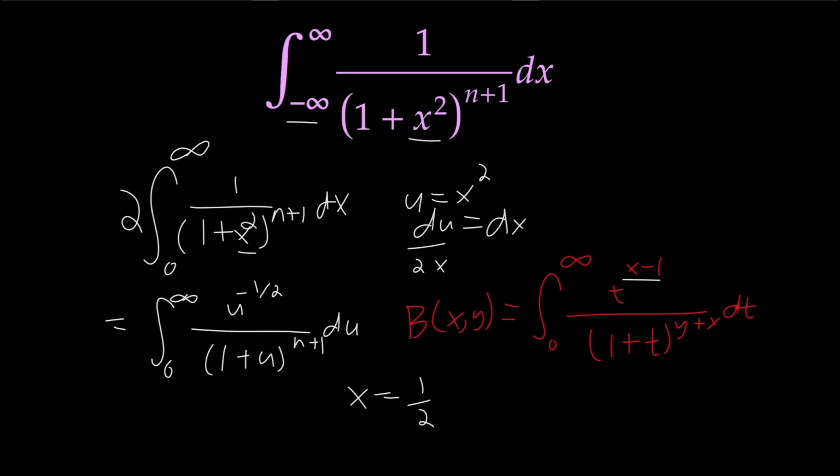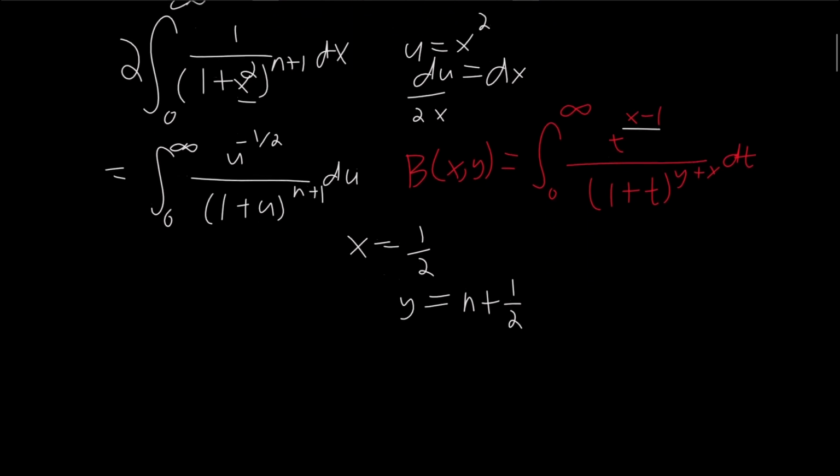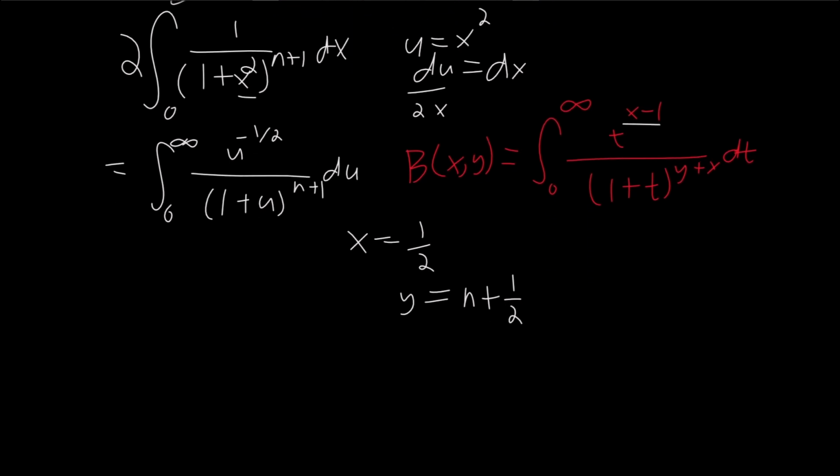We can do the same thing at the bottom. We can say x plus y is equal to n plus 1, but we already know x is a half. So subtracting that from both sides, we find that y is actually just n plus 1/2. So evaluating this, our integral is just equal to beta of 1/2 comma n plus 1/2.